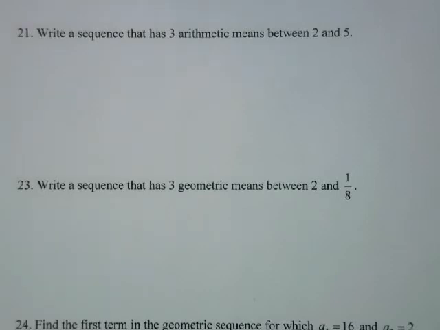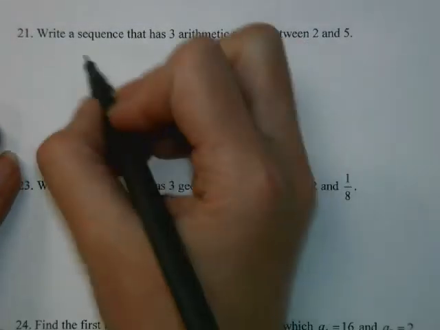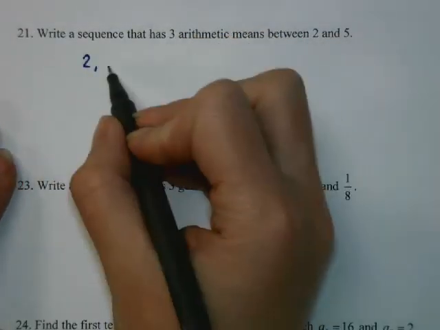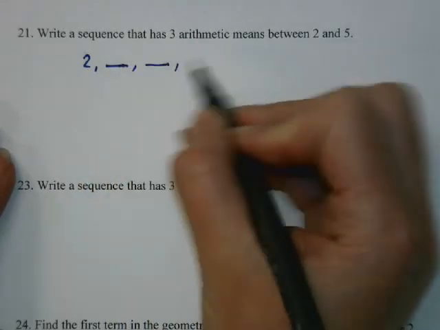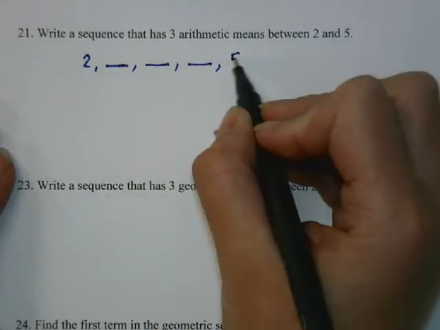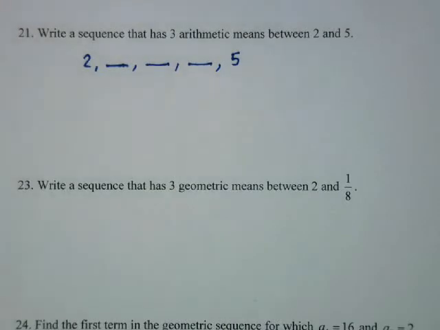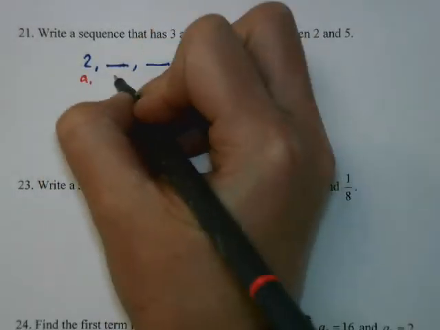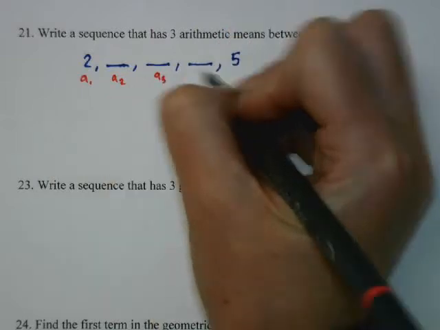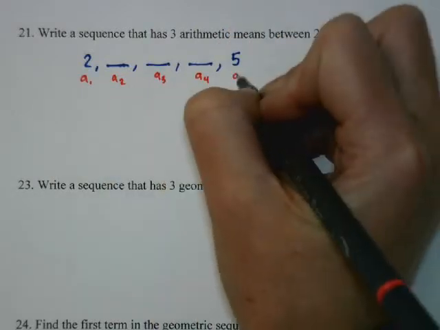Okay, so we're going to write a sequence that has 3 arithmetic means between 2 and 5. So we're going to have 2 followed by 3 numbers and a 5. So in this sequence, this is a1, a2, a3, a4, and a5.